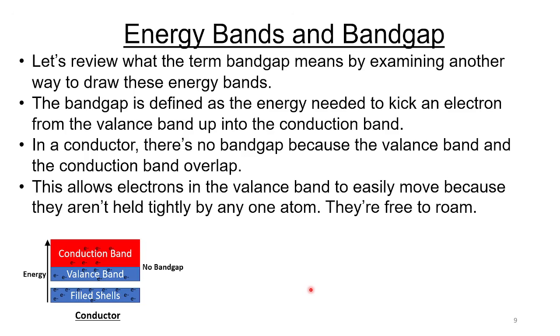Basically, they're free to roam. And let's take a look at this diagram down below here. What we have is our filled shells down on the lower energy levels, and as energy increases, we get into the valence band, and the conduction band and the valence band overlap in a conductor, so there's no band gap here at all.